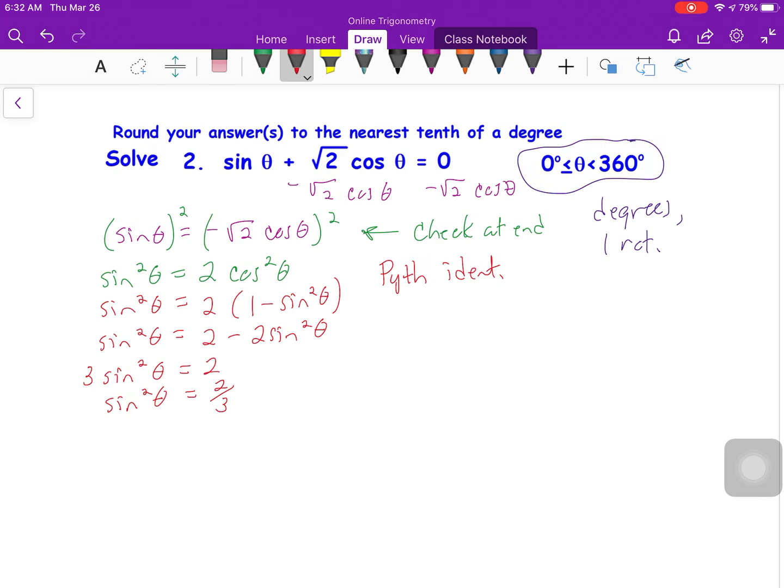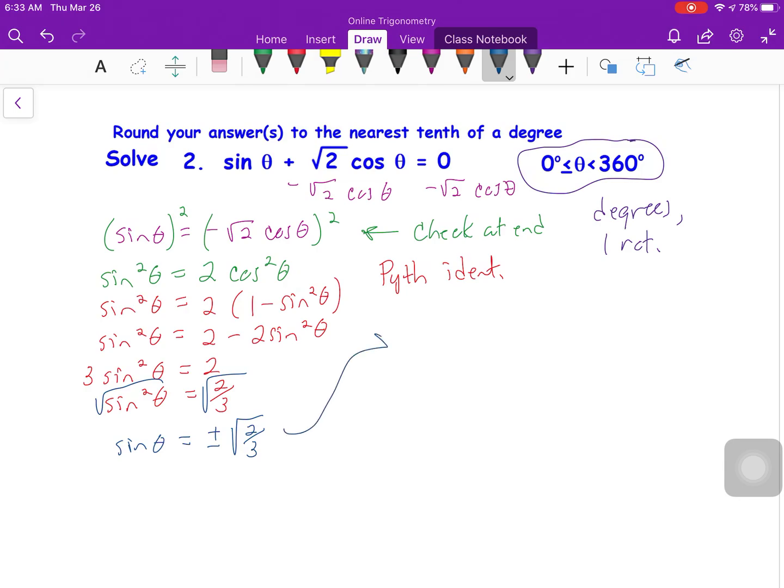And now I have to get it down so it's just sine. And that means I'm going to take the square root of both sides. So the sine of theta is equal to plus or minus, because when you take a square root, there's two possibilities, positive and negative, the square root of 2/3. Now, this definitely is not one of our reference angles 30, 45, or 60, and it's not quadrantal.